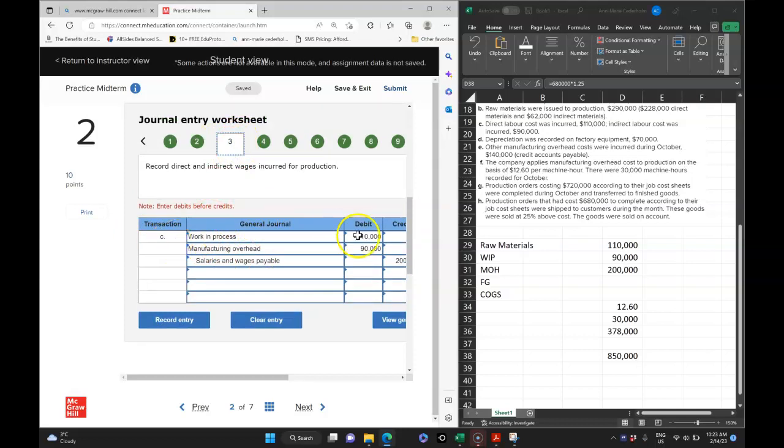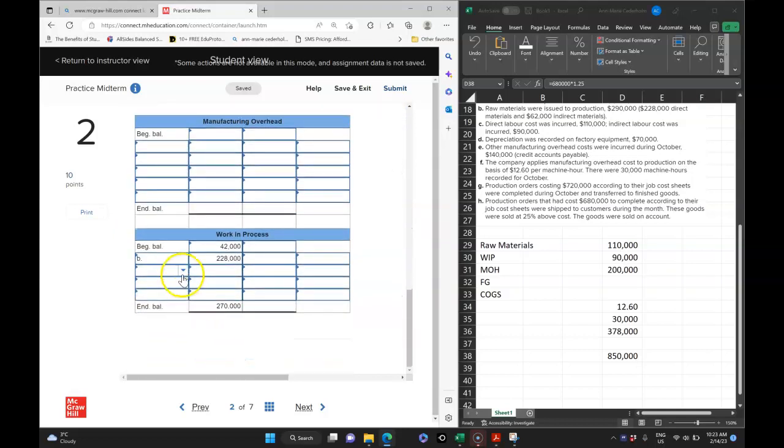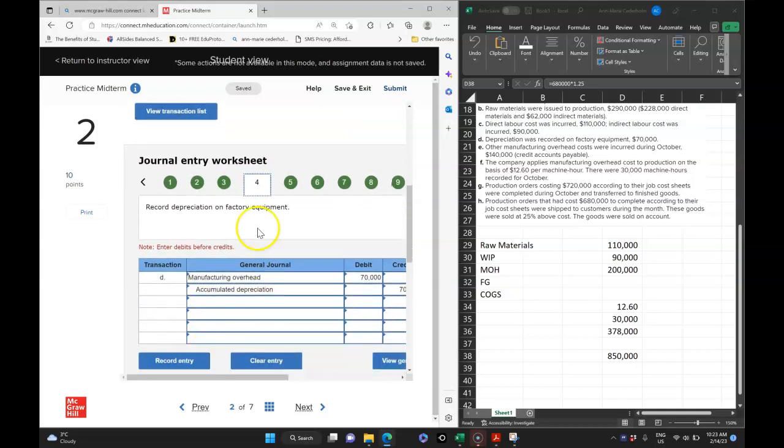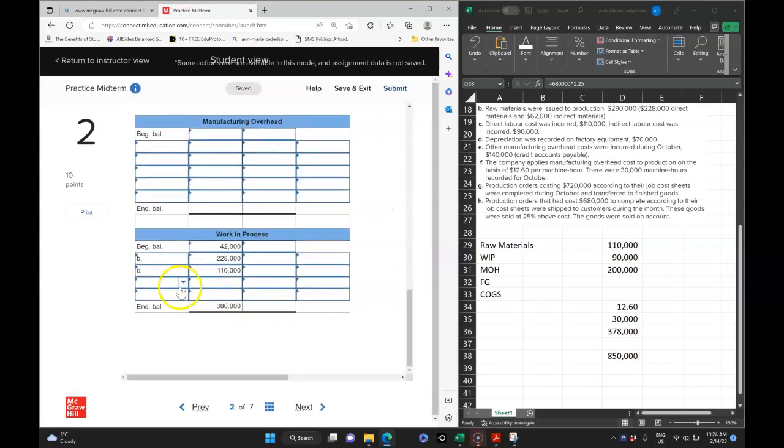Work in process C is a debit for 110. No work in process there. Work in process F, a debit of 378.